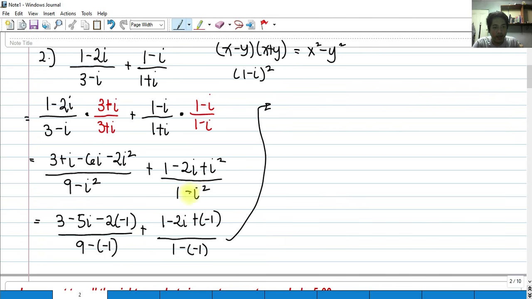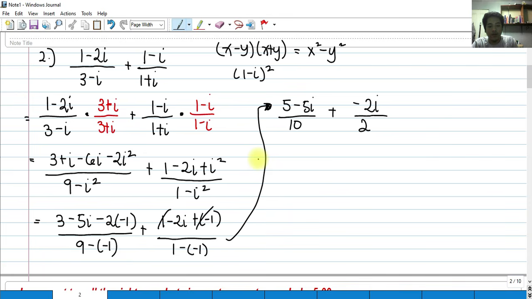This is minus, but i squared is negative 1, so we will be having a positive 1 here. Negative 2 times negative 1 will become positive 2. So we have 5 minus 5i over 9 minus negative 1, that is over 10. Then we have plus 1 minus 2i, the 1 minus 1 would cancel, obviously, so we have negative 2i here over 1 minus negative 1, that's 2.